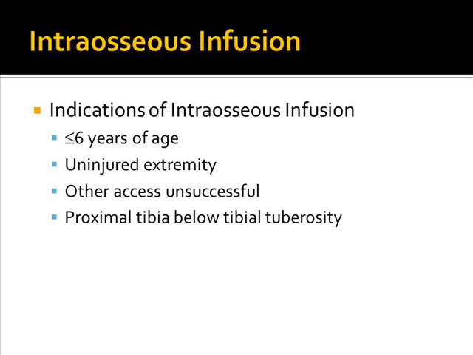Indications for intraosseous infusion: the child must be less than 6 years of age, and we must use an uninjured extremity, because we do not want to complicate any compartment syndrome that might occur. And besides, we would like to be able to evaluate the limb if swelling is a result of our intraosseous infusion or trauma.